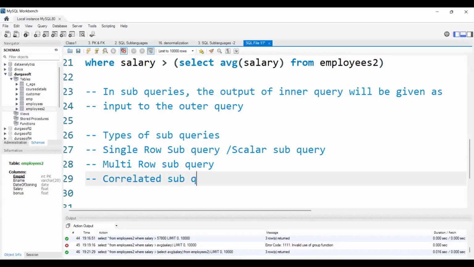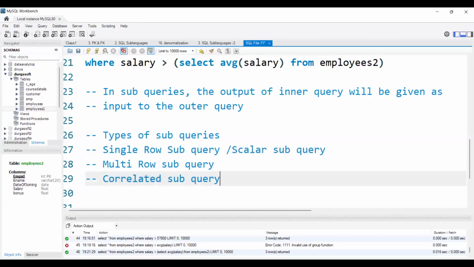Mainly we have these three types. I will just say single row subquery, but it is also called a scalar subquery. So we have single row subquery, multi-row subquery, and correlated subquery.